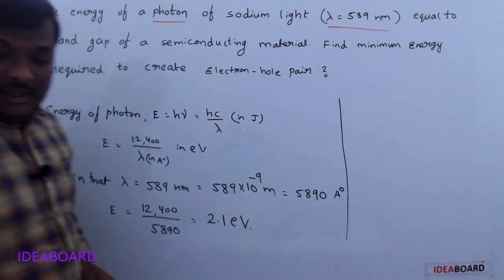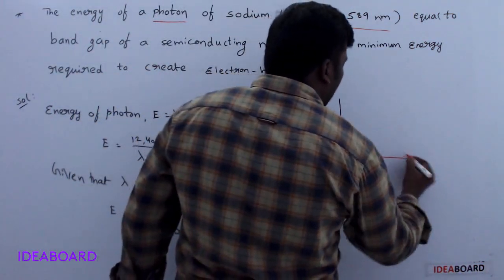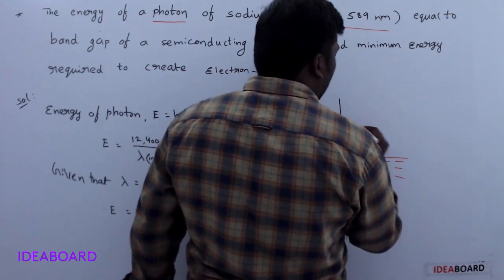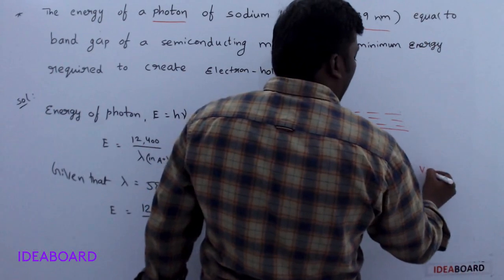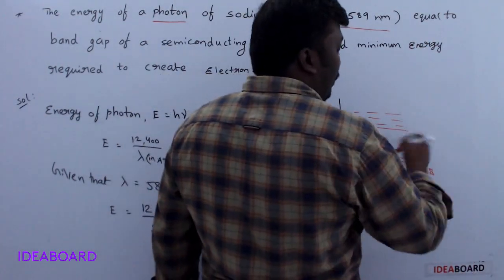Now let us see the case of semiconductors. We know in a semiconductor we have two bands according to the band theory of solids.